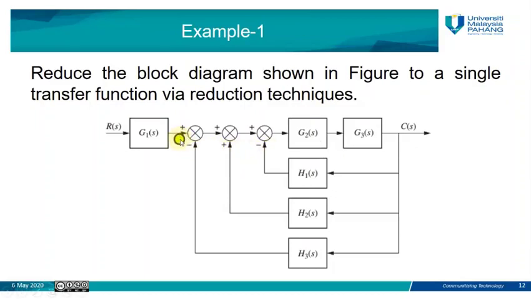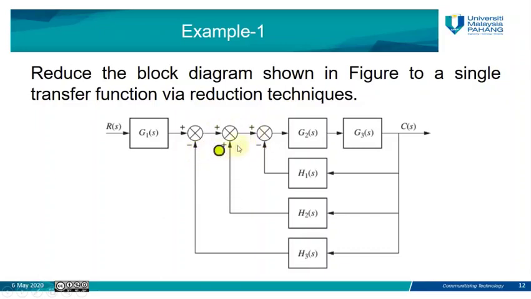So we have four inputs for the summing junction, and one output at this point. We need to consider the sign of each input when combining. This one is negative, this one is positive, and this one is negative. If it's negative, that means negative feedback. If it's positive, it's positive feedback.